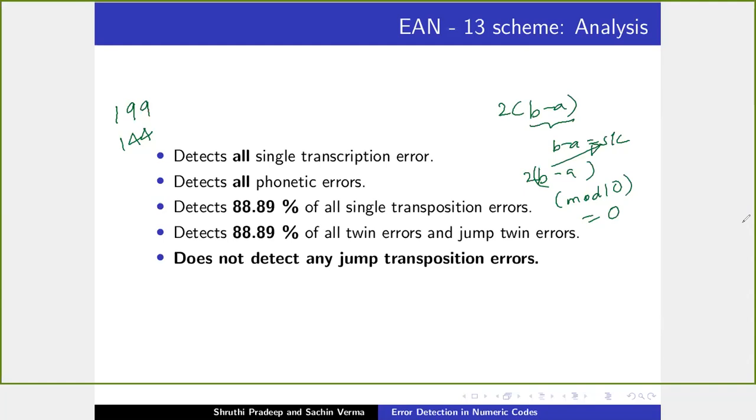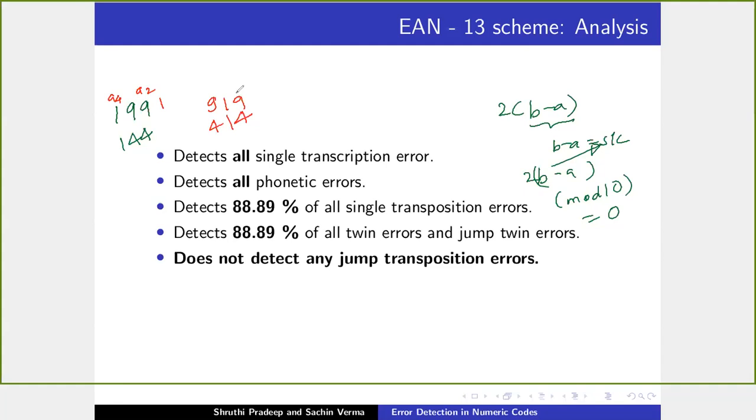Sachin, can you just write that? Calculate the check digit for both of these. Sorry, it's 919 and 414.